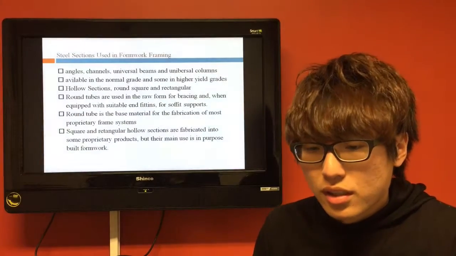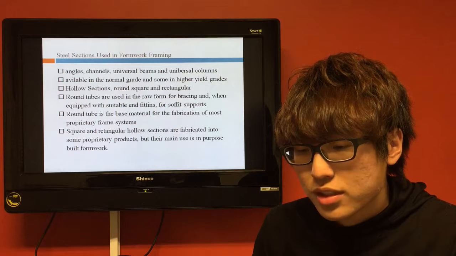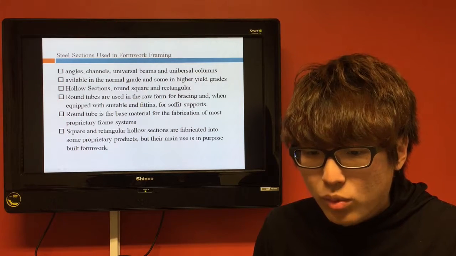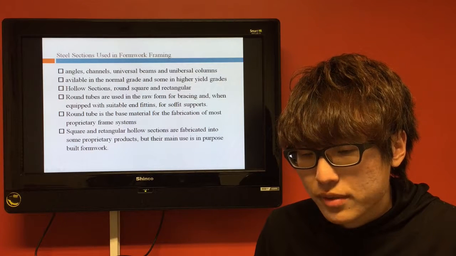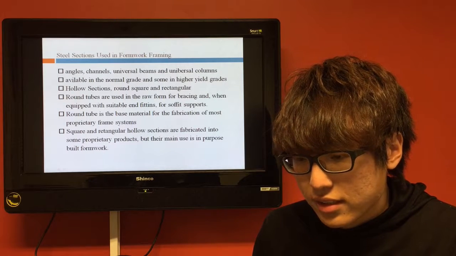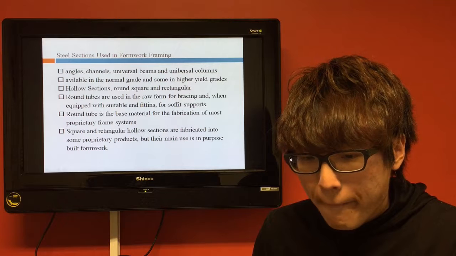Hollow sections, round, square, and rectangular, are used in formwork. Round tubes are used in round forms for bracing, and when equipped with suitable end fittings, for soffit supports.